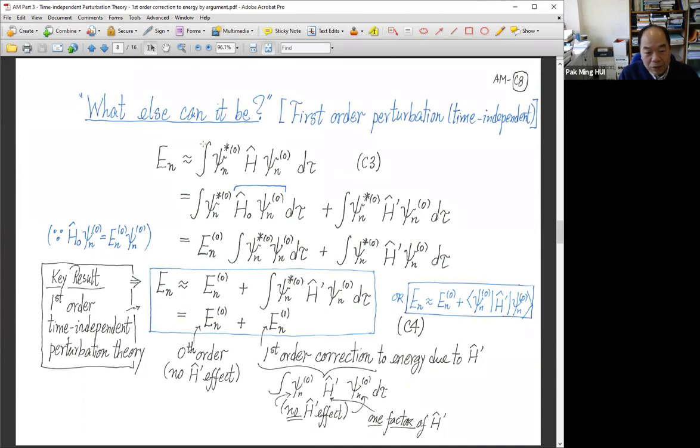So I'm claiming that first order energy can be obtained by doing this expectation value. Zeroth order unchanged wave function with H prime in between. H has a part of H0 and H prime. The first term, H0 phi n0, is exactly the eigenvalue problem of the known solvable problem that will give me the zeroth order energy times the eigenstate itself.